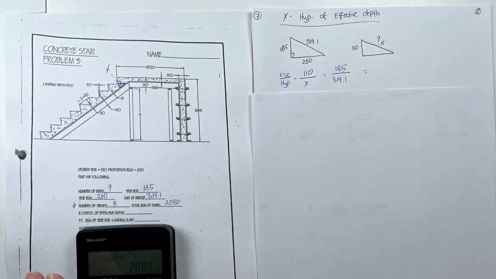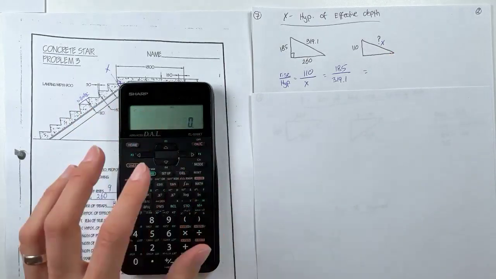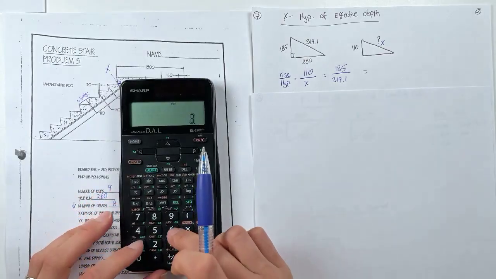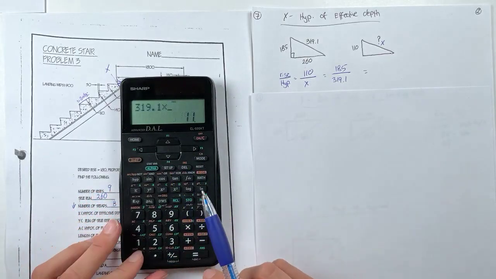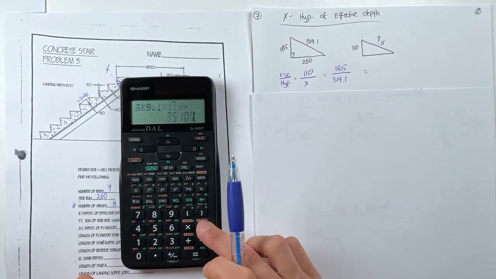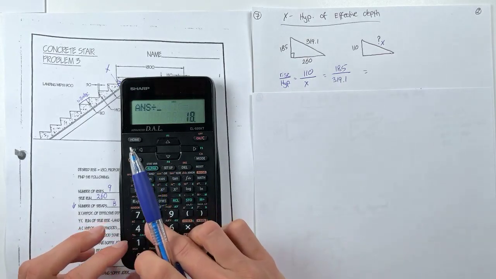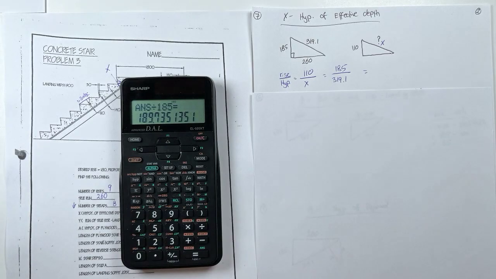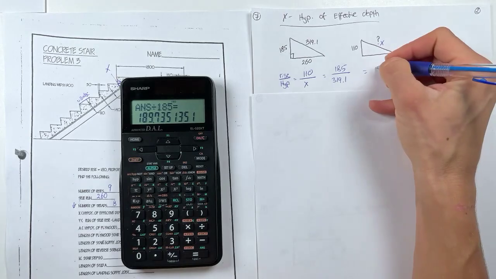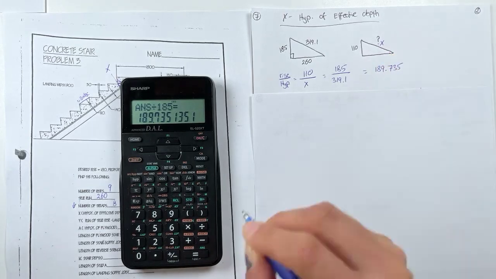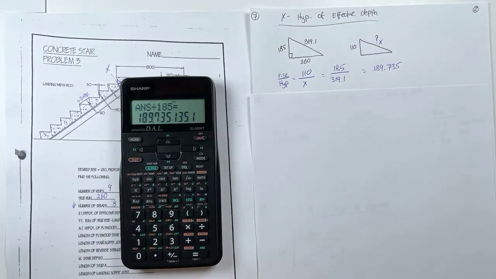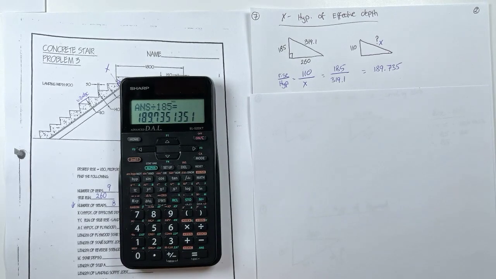And then we cross multiply and divide. So 319.1 times 110 divided by 185 should get us 189.735. That's it.